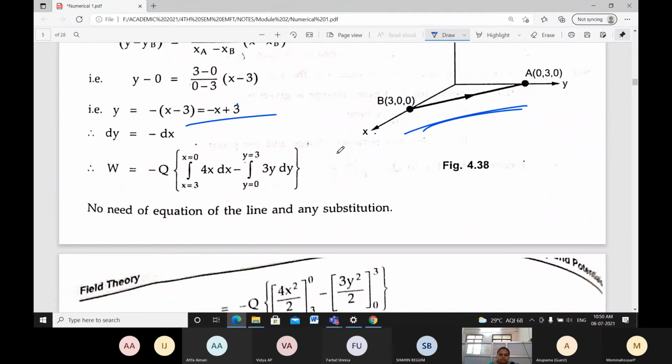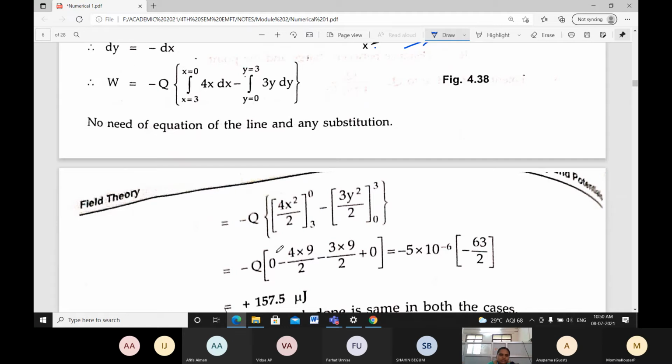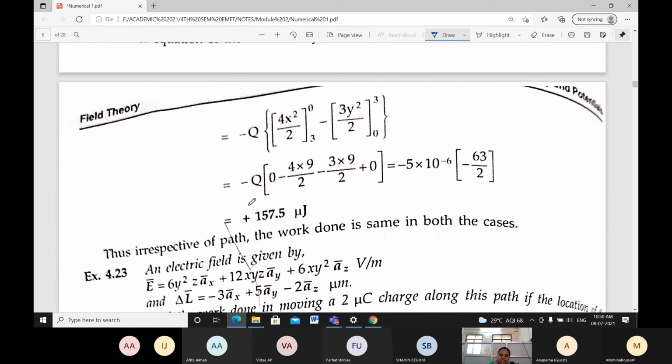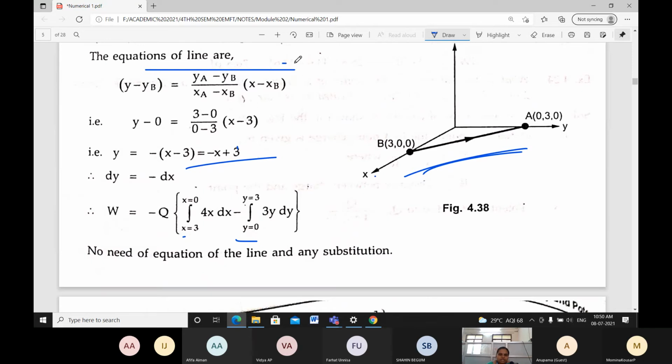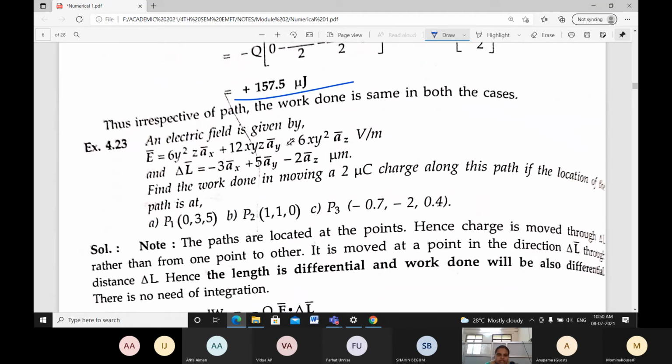Then go with the minus q, 4x squared, just integrate here, then apply the limit and solve, and you will get plus 157.5 microjoules. This is how you have to solve the problem. In the same way you have to go with the equation of this; I give it as an assignment.